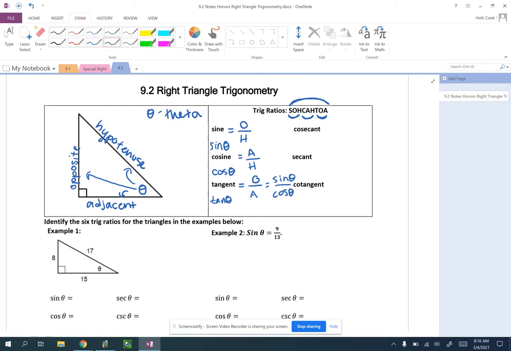Now, the next three are related to our sine, cosine, and tangent. Our cosecant is 1 over your sine value, or hypotenuse over the opposite, so it's flipped upside down. When we shorten this, it's CSC, cosecant. Now your secant is 1 over cosine.